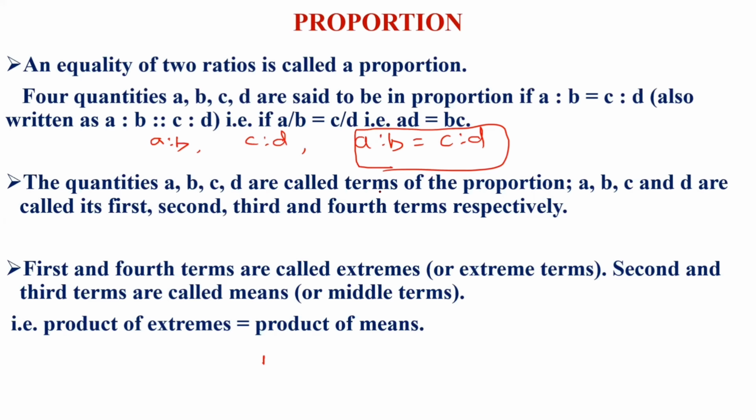If A, B, C, D are said to be in proportion, then A is to B is equal to C is to D. This can be written as A is to B as C is to D.